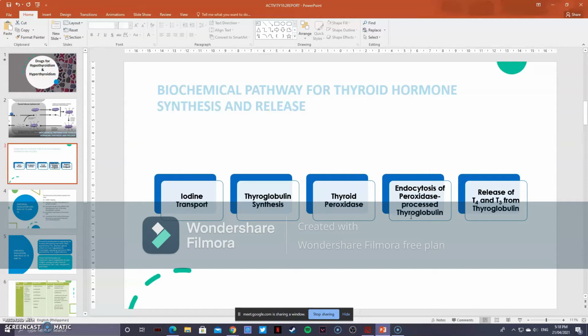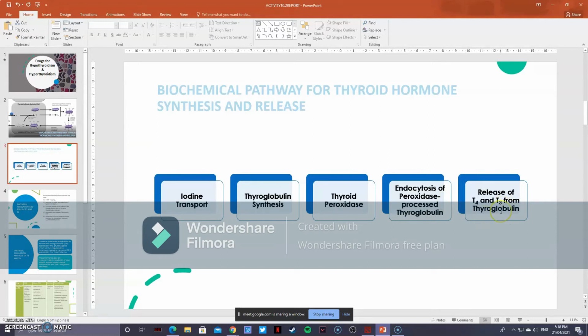Importantly, peroxidase is much more efficient at combining two DIT residues, and thus generation of T4 occurs much more readily, explaining why the thyroid gland primarily produces T4 rather than T3. Notably, some MIT and DIT residues do not get coupled, and so peroxidase-processed thyroglobulin will retain some MIT and DIT residues.